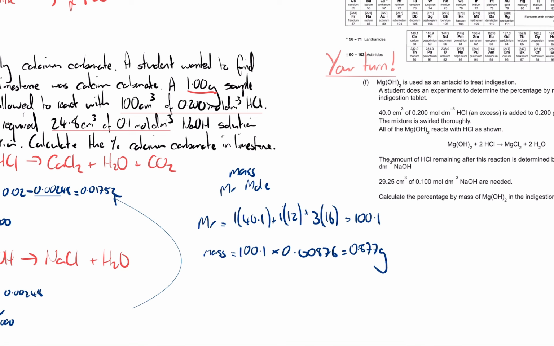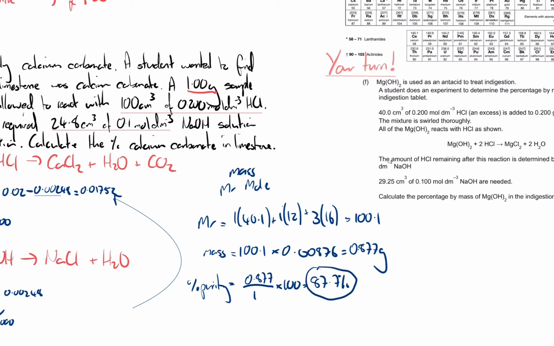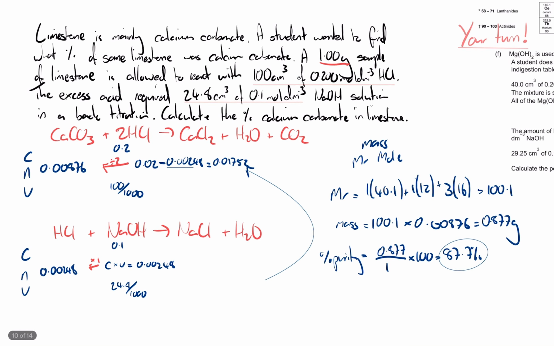Our final answer, we need the percentage purity. It's a bit like our percentage yield, so our actual mass, 0.877, divided by the mass of the whole thing, which was 1 gram, times by 100. And there we get to 87.7%.